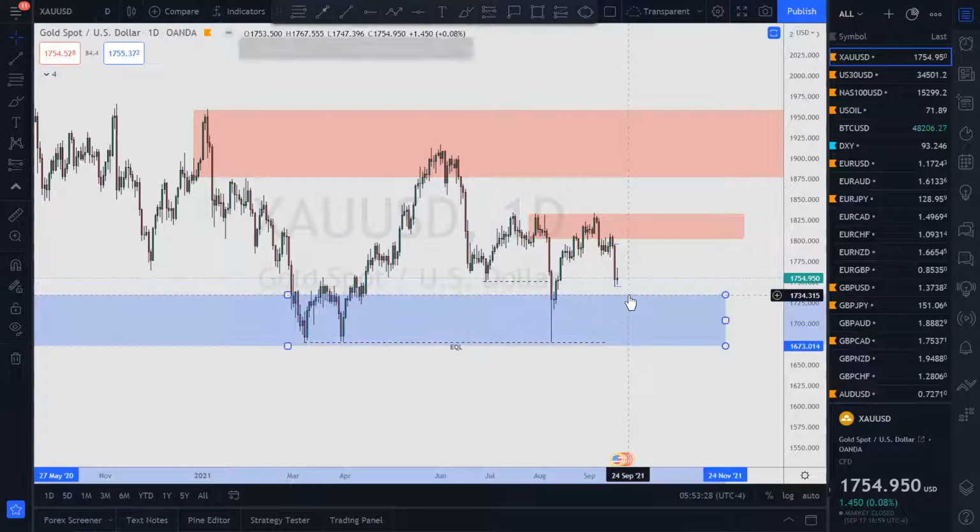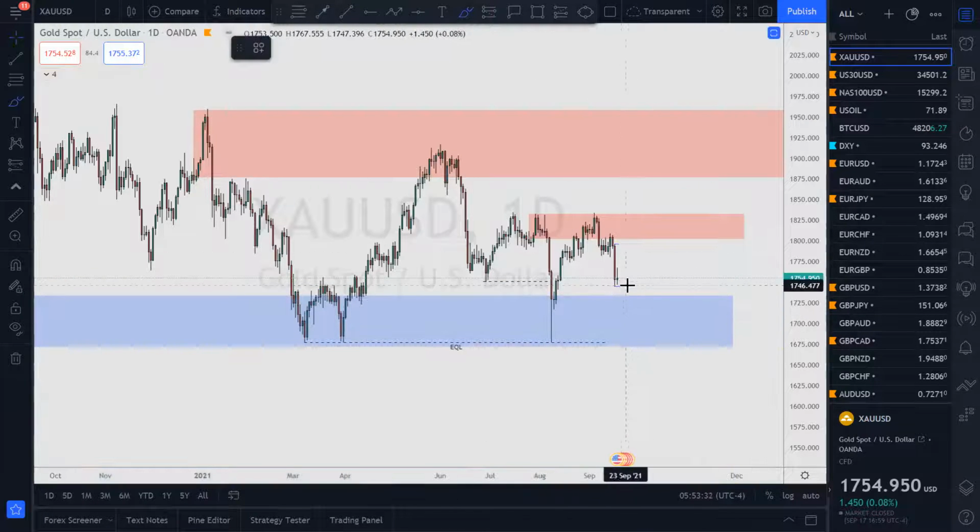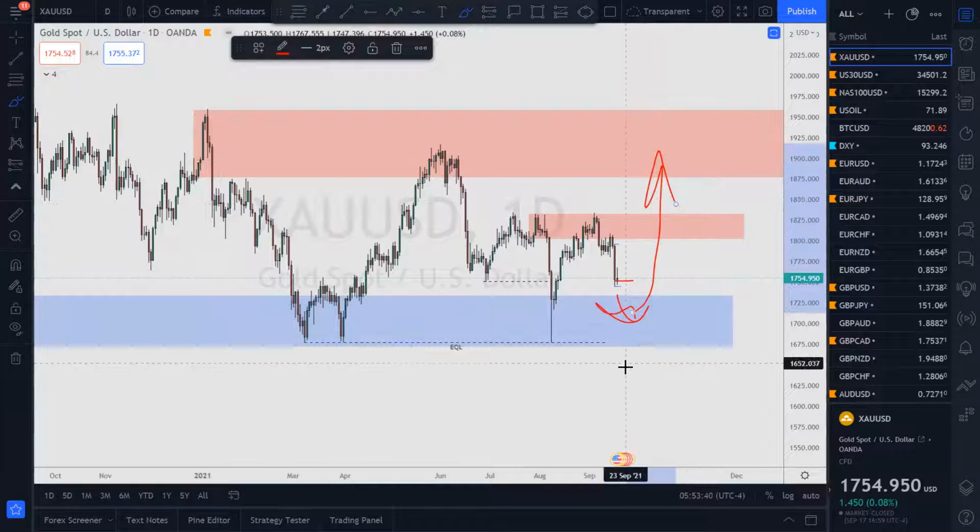Let's see if price actually makes it past this point and comes into the order block. Is price going to reverse from here, or is price going to continue bearishly? Because we tapped this 3 times already.